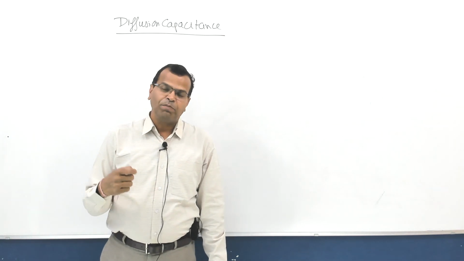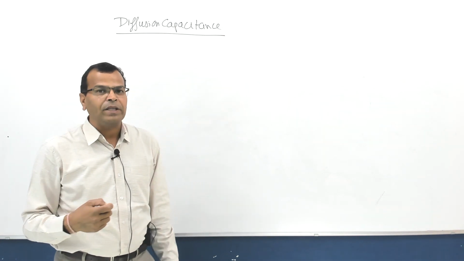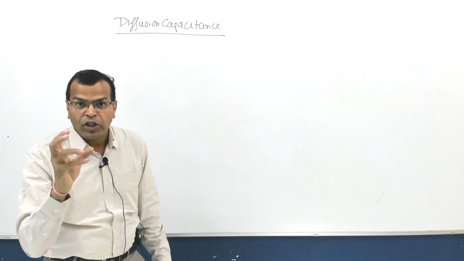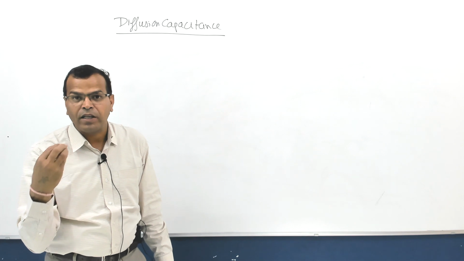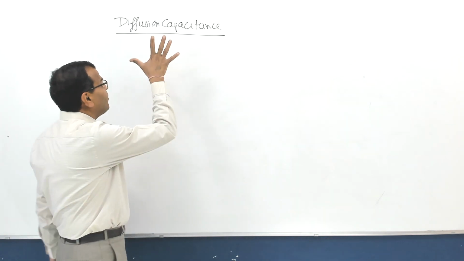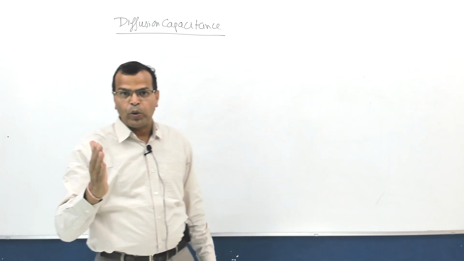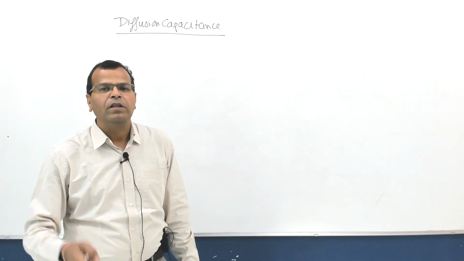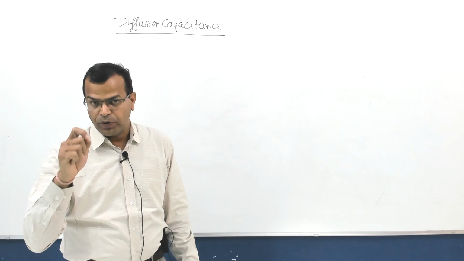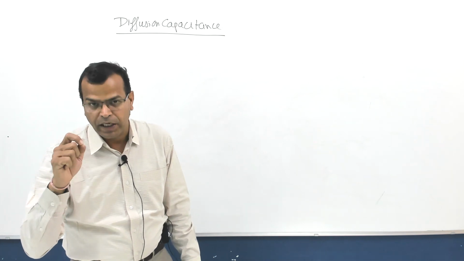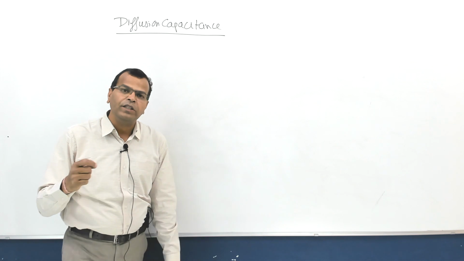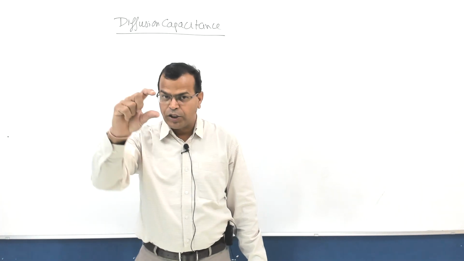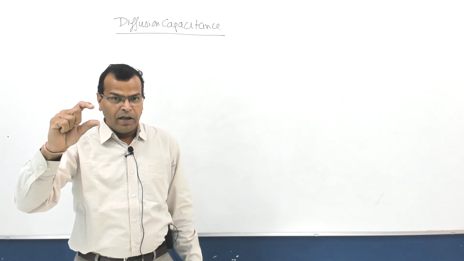So let us talk about the diffusion capacitance. Before I talk about diffusion capacitance, we need to understand the concept of what is the charge stored to understand the diffusion. This type of capacitance plays an important role in forward biased PN junction. Remember this. I repeat, the diffusion capacitance plays an important role in forward biased PN junction. So when PN junction is forward biased, there must be some charge stored other than the charge stored in the depletion layer.